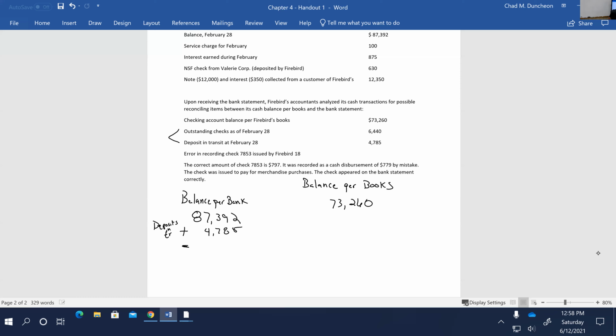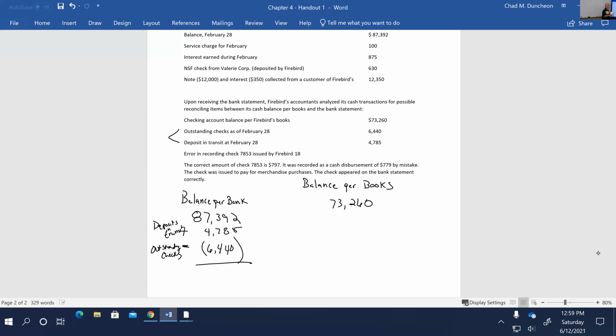And then from there, we can subtract out the outstanding checks. The outstanding checks amount was $6,440. Those are the only two adjustments we need to make to the bank account, because everything else, the interest, the error here, the error was made by us on our books.